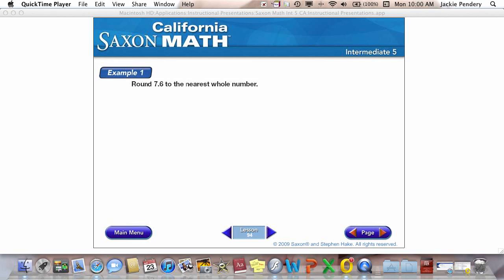So, just as if we were going to round the number 84, we would round that down to 80, to the nearest 10. If we were rounding 86, we would round that up to 90. We always look at the number in the place to the right of the one we're rounding to.